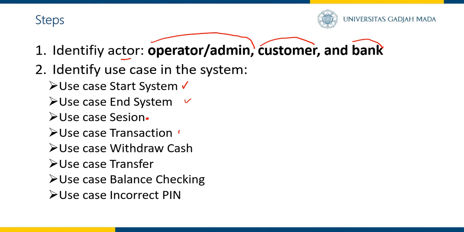And then the transaction itself, where the customer can have any transaction such as withdraw cash, transfer, as well as balance checking. It also has extensions, such as activities that handle an incorrect PIN. But this is an optional activity. When the transaction just goes well, then this is never executed.